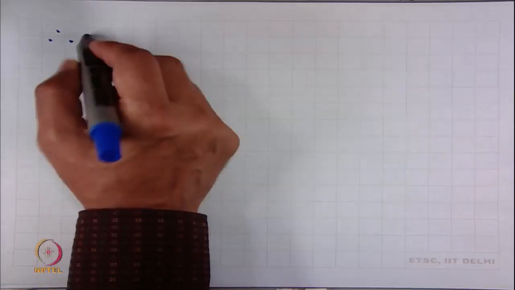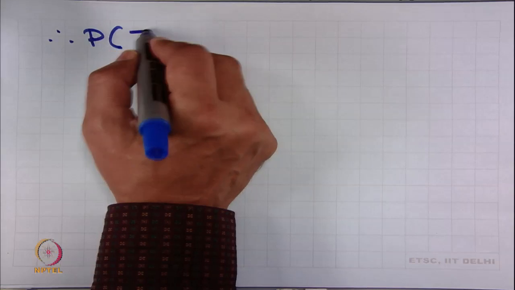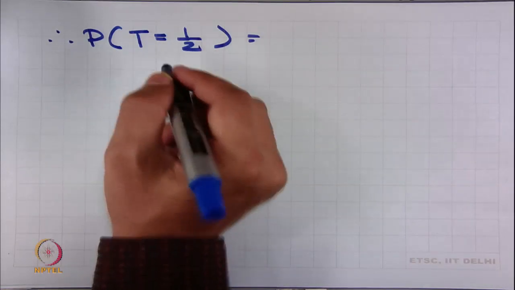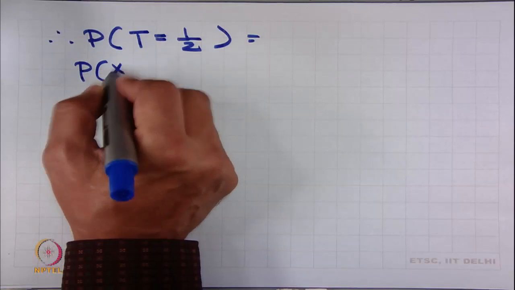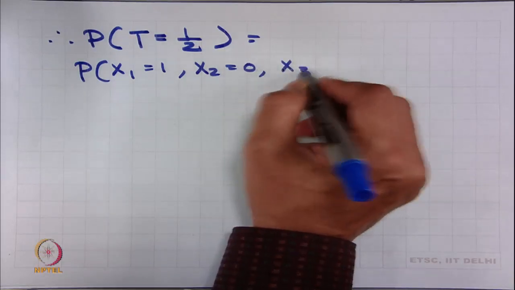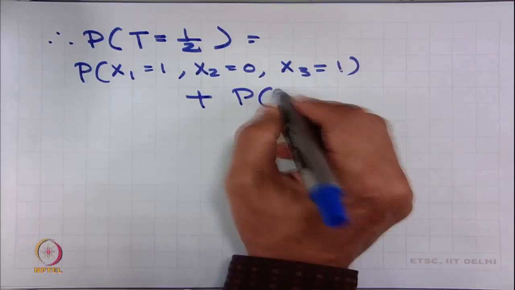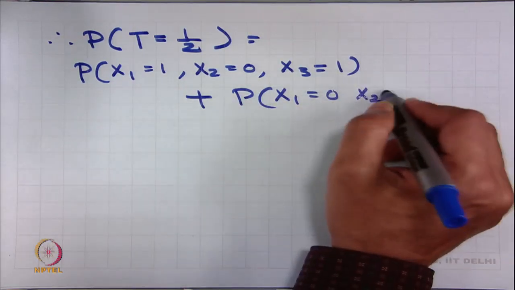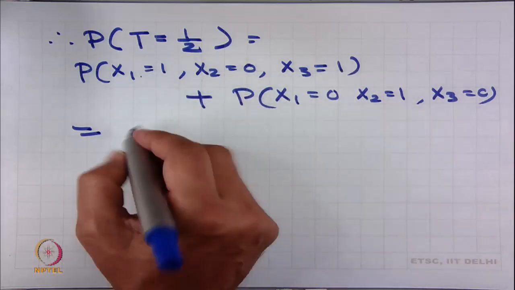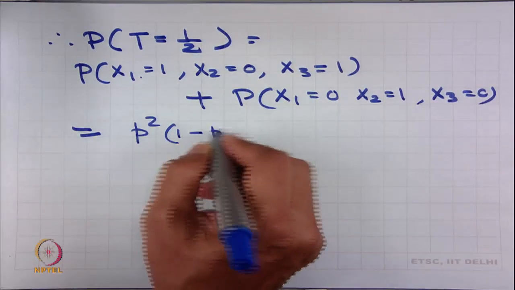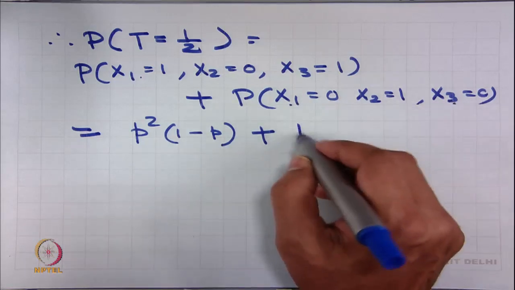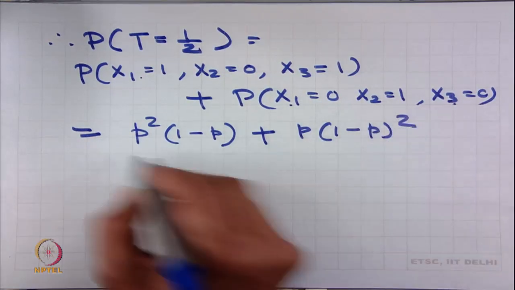Therefore, the probability that T is equal to half is equal to the probability that X1 is equal to 1, X2 is equal to 0 and X3 is equal to 1, plus the probability that X1 is equal to 0, X2 is equal to 1, X3 is equal to 0, which is equal to p square into 1 minus p plus p into 1 minus p whole square.